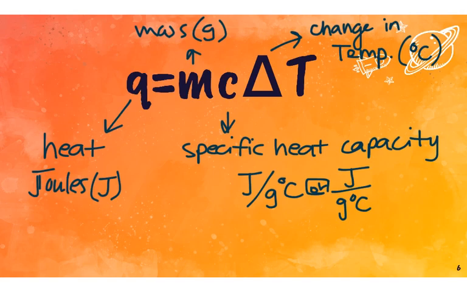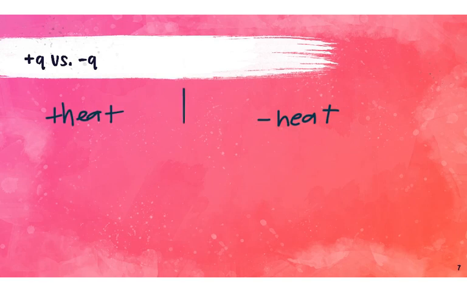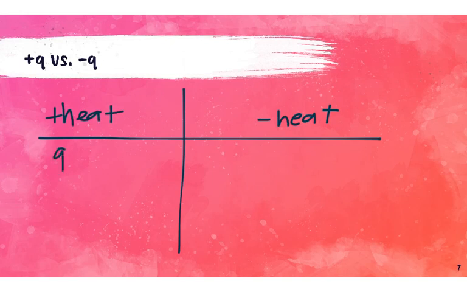So one thing to talk about, what does it mean if you have positive Q, negative Q? So positive heat versus negative heat. What does that even mean? So if you think about just for a second, if you have an increase, so a positive, that is going to mean that you are gaining heat.